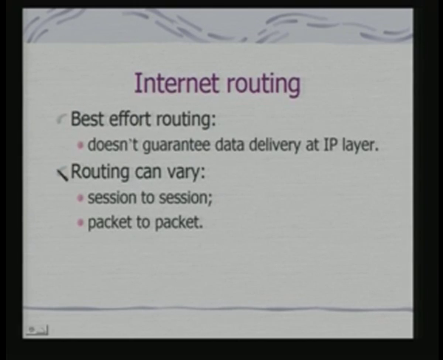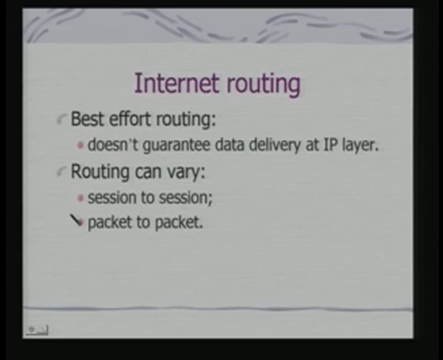Now, when the routing takes place, this is a best effort routing. So, there is no guarantee for data delivery at the IP layer. Even when the router is routing the packets, it will try to match the availability of the bandwidth, and it is a best effort. There is no guarantee that packets will be delivered with regard to a deadline.